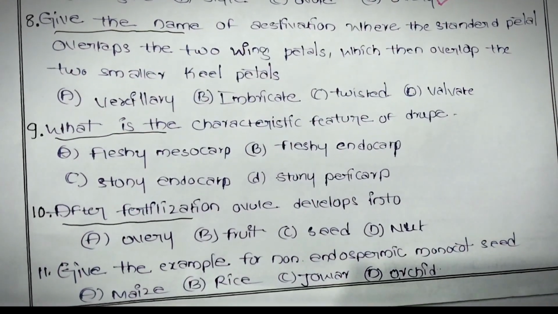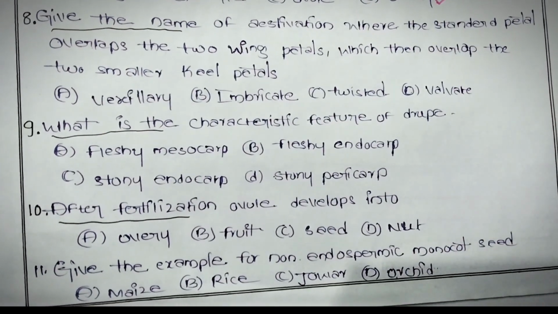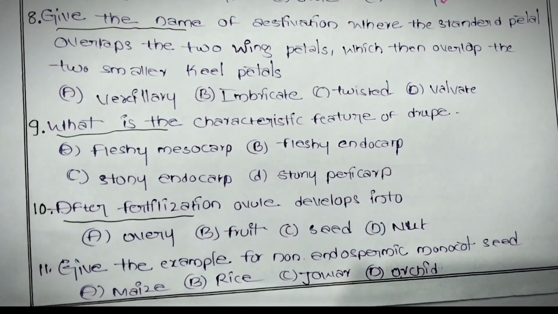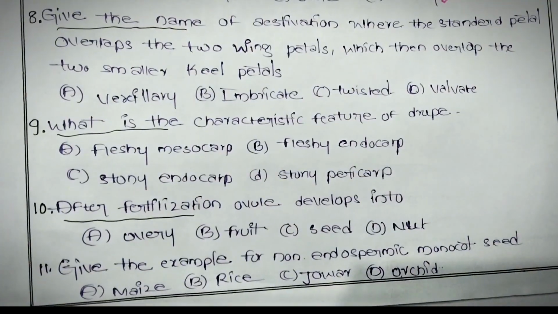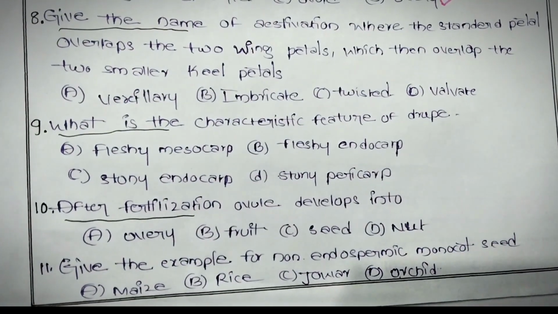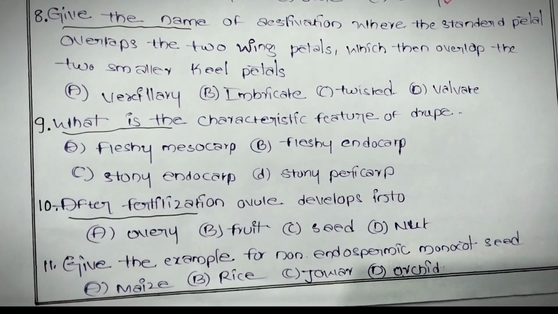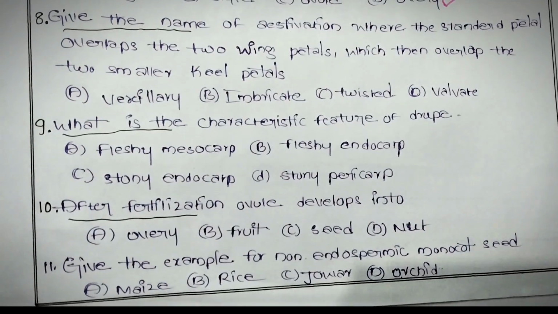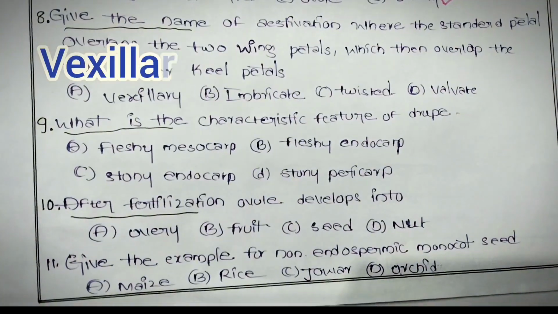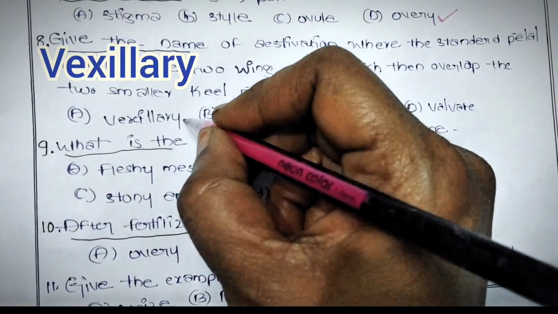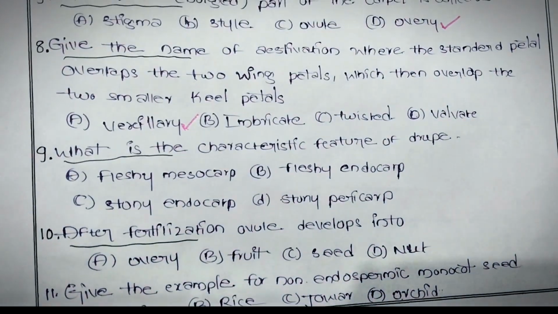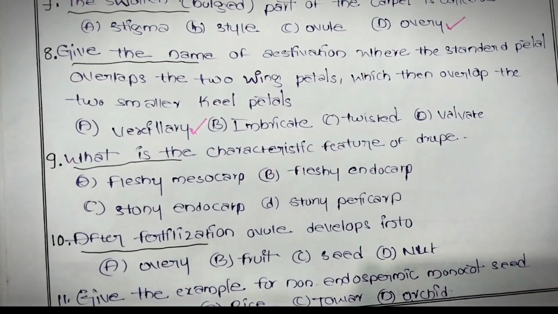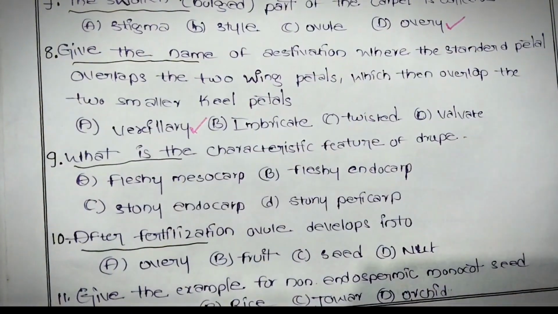Give the name of aestivation where the standard petal overlaps the two wing petals, which then overlap the two smaller keel petals. Options are given: vexillary, imbricate, twisted and valvate. For this, the correct answer is vexillary. In Fabaceae family, like pea and bean flowers, there are 5 petals.